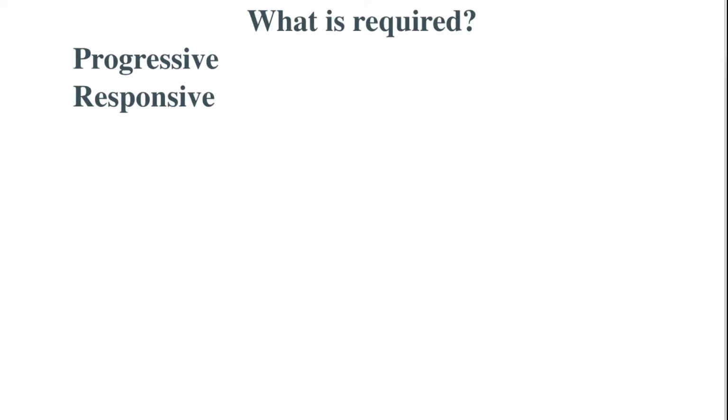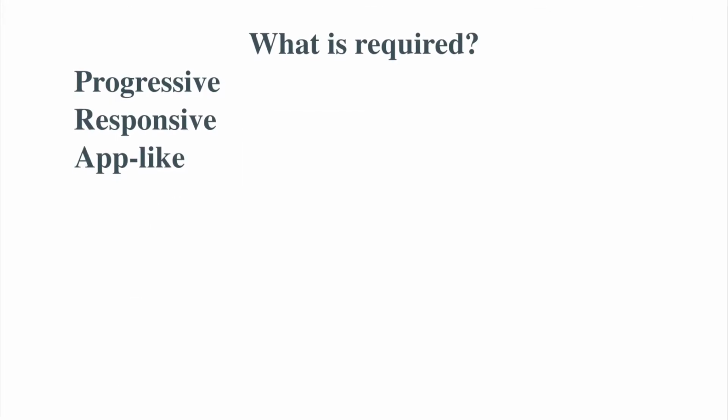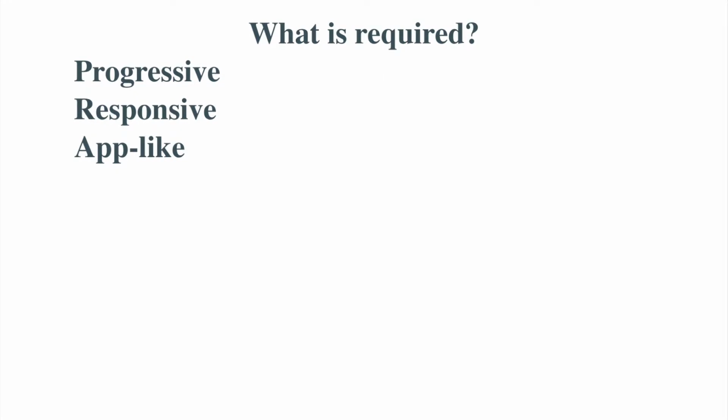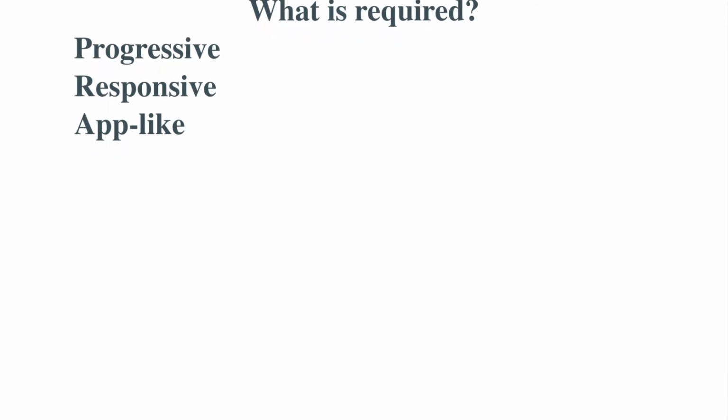Responsive: progressive web apps will fit any device, be it a desktop, a mobile, a tablet, or whatever is next. App-like feeling: it should look like an app to the user, with app-style interactions and navigation, because they are built on the app shell model.